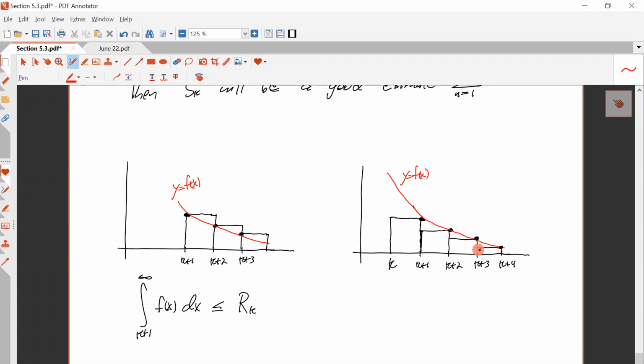All right, so now the boxes, again, they represent the kth remainder. So this time the kth remainder is less than or equal to the integral from k to infinity of f of x dx. Right, so what do we have?